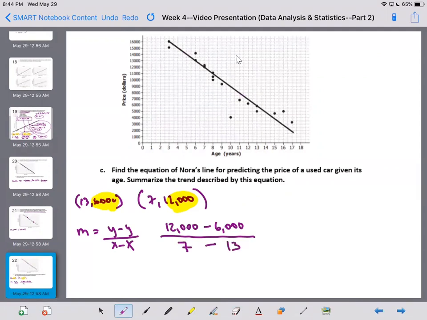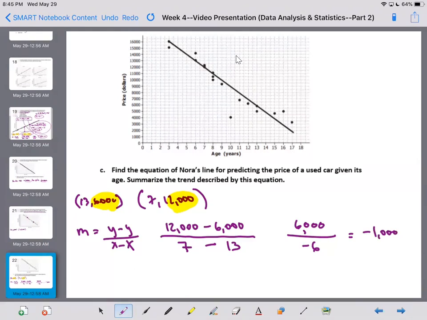Well, it should be negative, since we've already identified that as one value increases, the other decreases. 12,000 minus 6,000 is 6,000, and 7 minus 13 is negative 6. So our answer is negative 1,000. What does that mean? The price is going to decrease $1,000 every year.